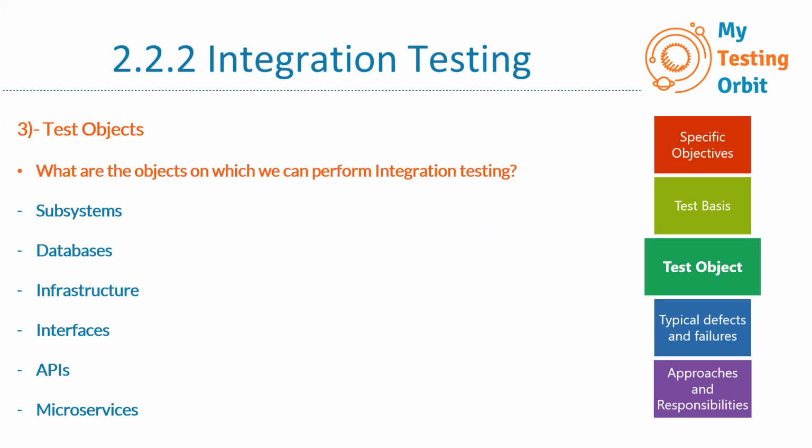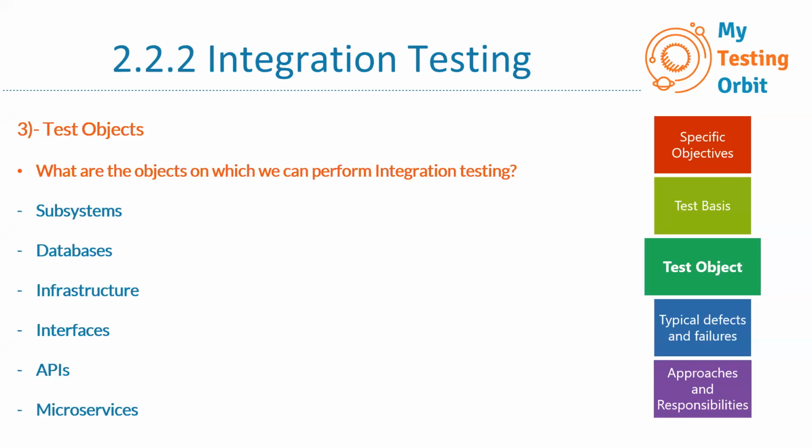If you have worked on APIs, you would be familiar that we have a few requests, and for each request we get a specific response, or there can be multiple responses as well. All of this is defined in APIs, and APIs are also tested as part of integration testing.